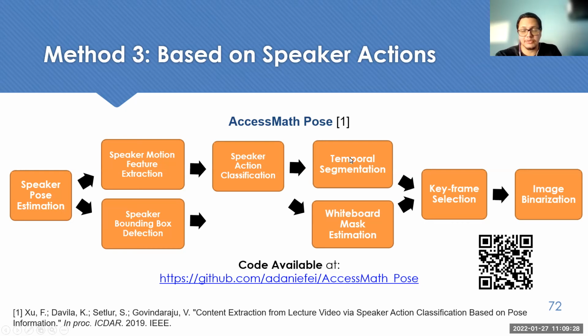Based on the times where we detect that the content is getting deleted. And with this information, try to select keyframes, which are binarized until the end. So it's inverted. The previous one starts binarizing and then does the segmentation. This one starts with the speaker analysis and does the binarization until we have selected the keyframes.